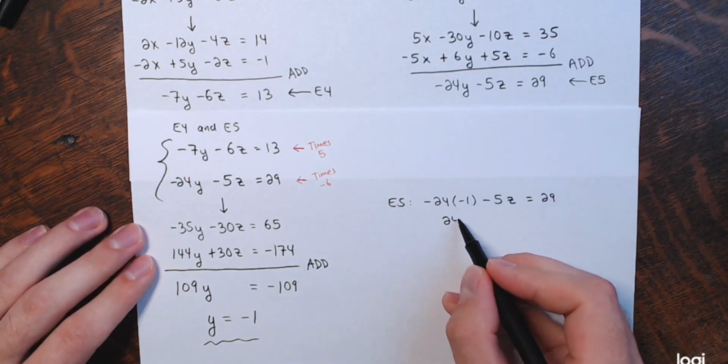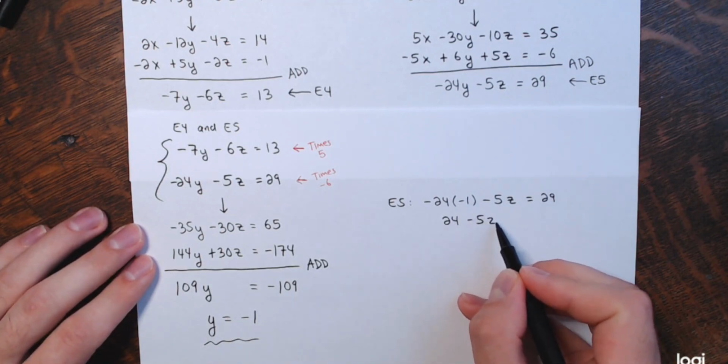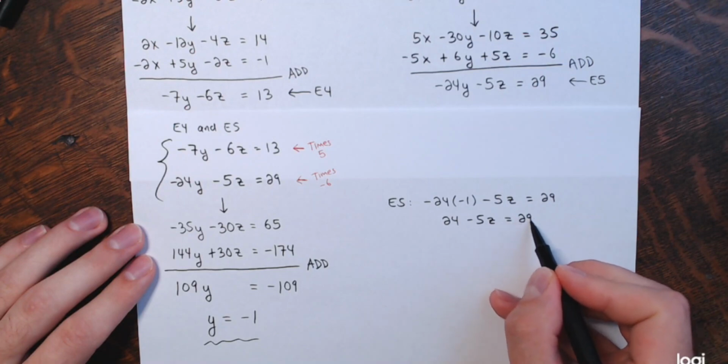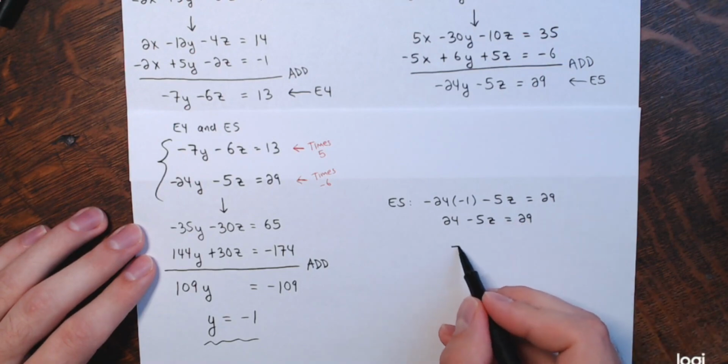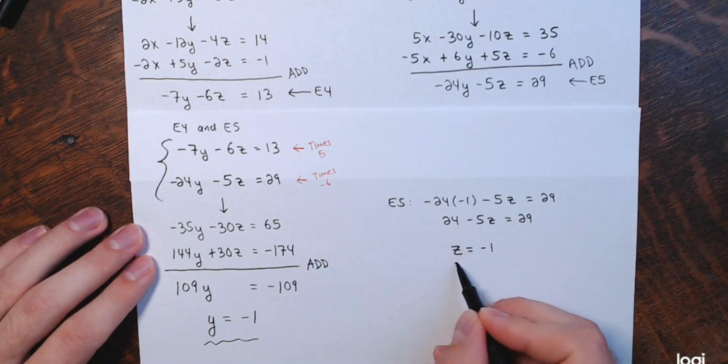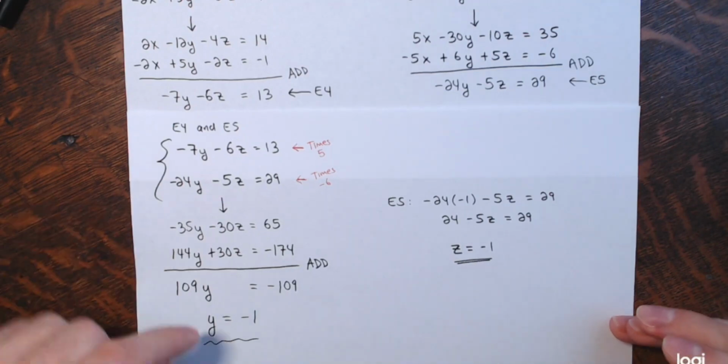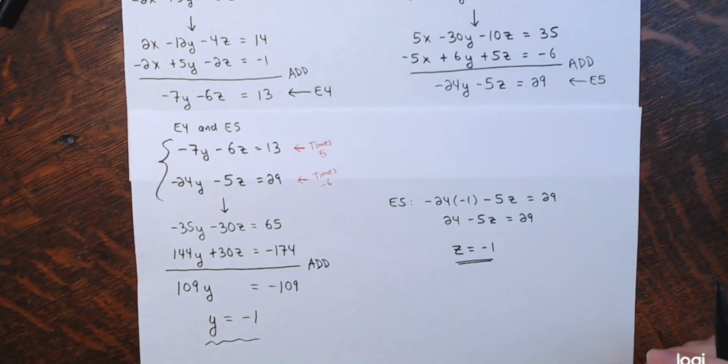Well, this is 24 minus 5z equals 29, so hopefully you can see that z would also have to be negative 1. The y value and z value would have to be negative 1, but now, right, that's only 2/3 of the answer.